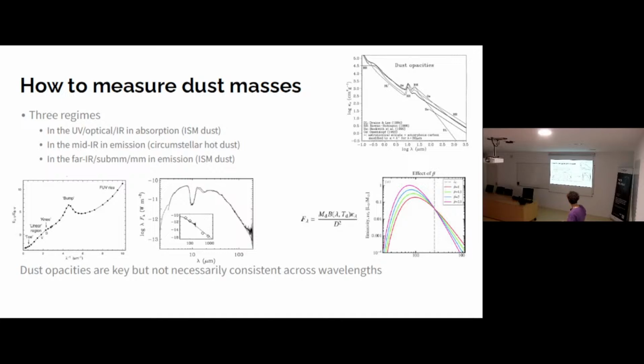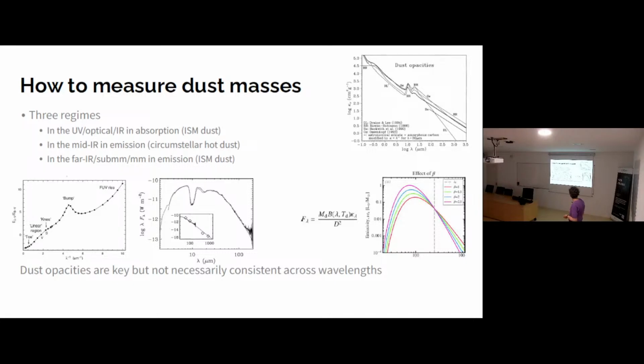And people approximate this by using some kind of function for the dust opacity, which is the kappa lambda here, which has a beta in there, a slope. It's not actually printed here. And if you have different values of beta, the shape of your SED looks different, and you will also get different dust masses just by having a different slope in the opacity.